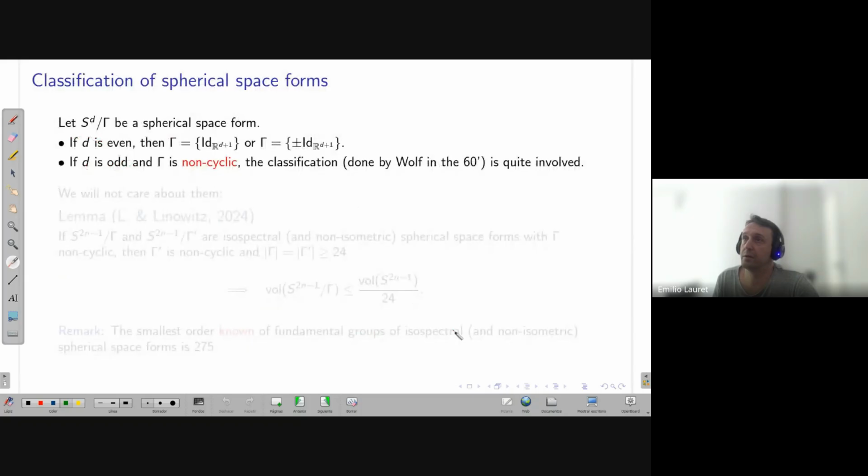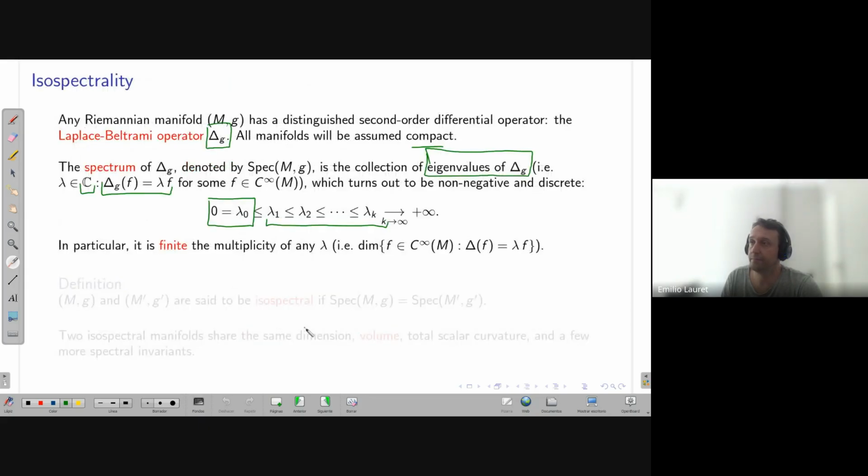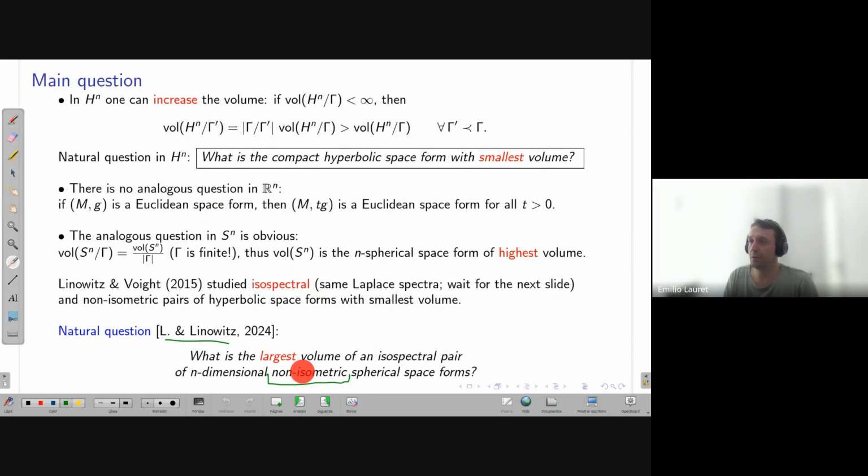In order to start giving details about the main question, remember we are looking for the highest volume possible of isospectral spherical space forms.